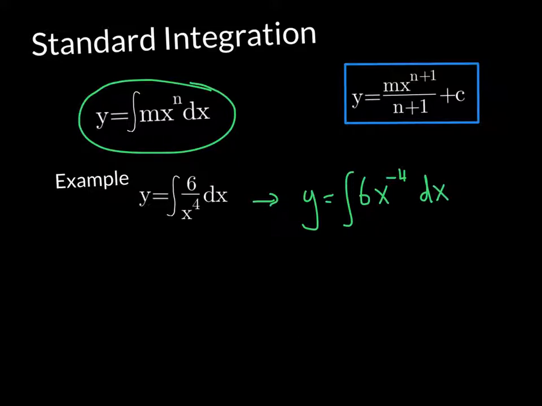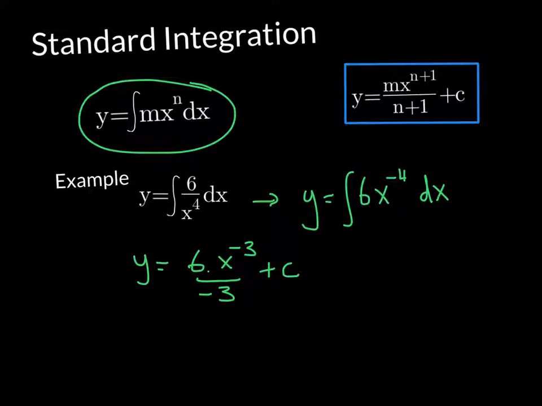So we can then apply that standard rule of integration, and that means that we have y equal to 6, which stays the same, and then the x to the power of minus 4 becomes x to the power of minus 3 because we add 1, and then we divide by the new power of minus 3, and then we add on our constant as well, don't forget that.